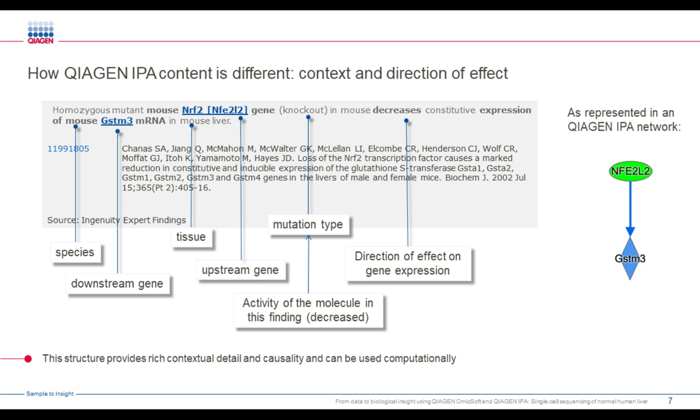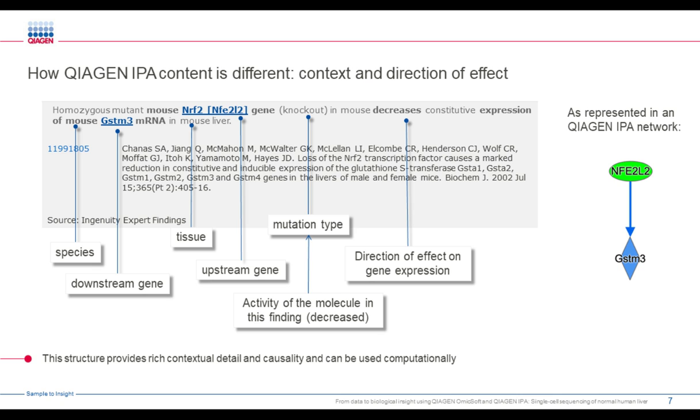The content of IPA is based on what we call a finding. This is a typical finding. What's key to remember here is the content is contextual and has direction of effect. In other words, we capture every important feature of the findings.